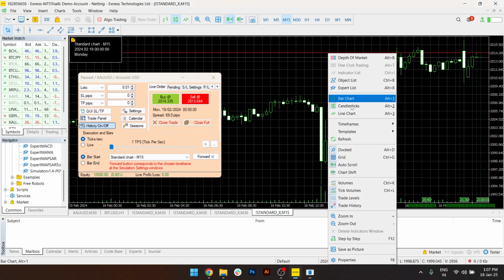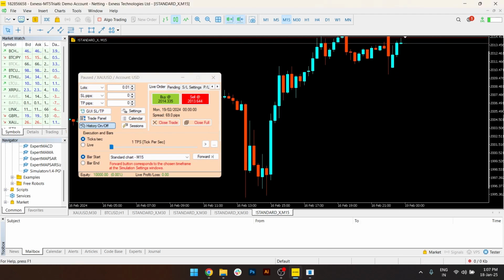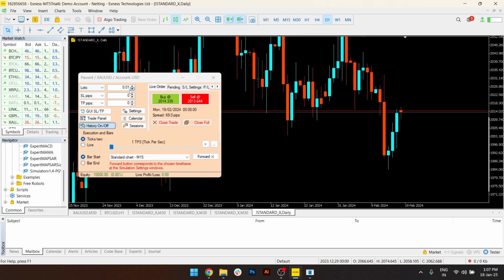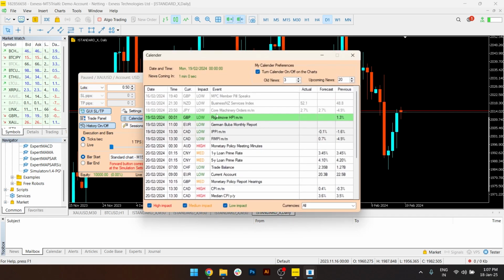Let me close this and do some basic chart setup here. I'll probably trade with 0.5 or 0.1 lot on the $10,000 account, and we will be focusing only on the US dollar.